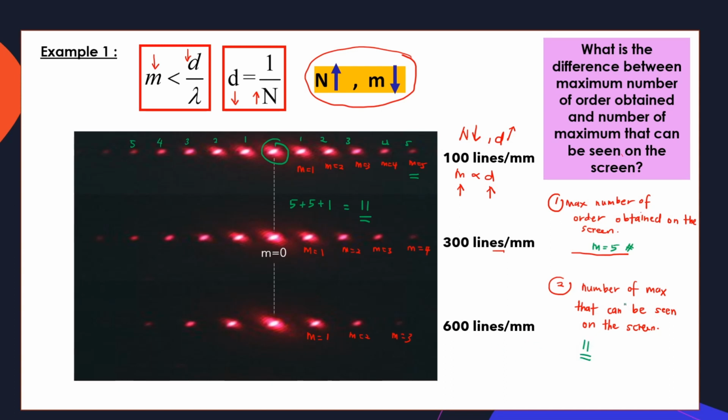So the number of maxima that can be seen on the screen is 11 bright fringes, 11 dots. We need to consider both sides, left and right, in order to calculate the number of bright spots that we can see on the screen.